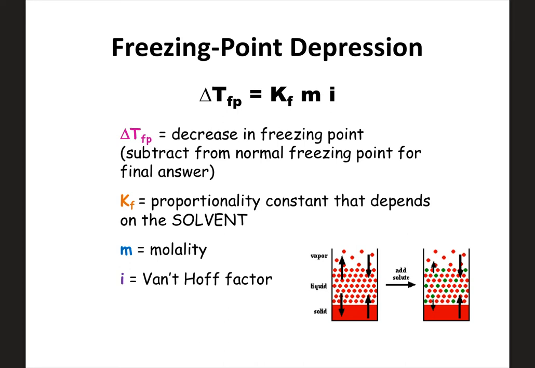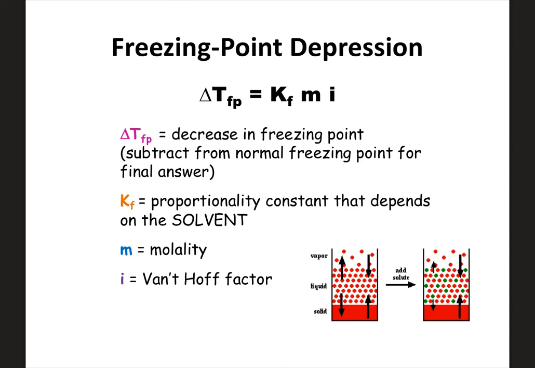So just keep in mind again, this change in temperature of the freezing point is going to be the amount that the freezing point is going to lower by. If the question asks you what's the new freezing point, you have to actually subtract this value away from the normal freezing point to get the new freezing point, because the freezing point is always lower.